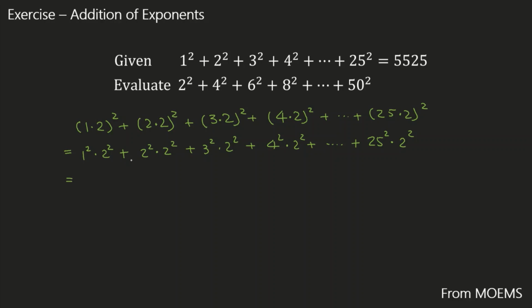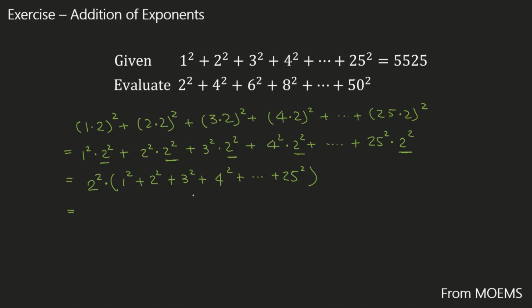Now if you notice here, each term has 2 to the power of 2. So that means we can factor out the 2 to the power of 2 and group the rest of the terms. That leaves us with 1 to the power of 2 plus 2 to the power of 2 plus 3 to the power of 2 plus 4 to the power of 2 plus so on and so forth plus 25 to the power of 2.